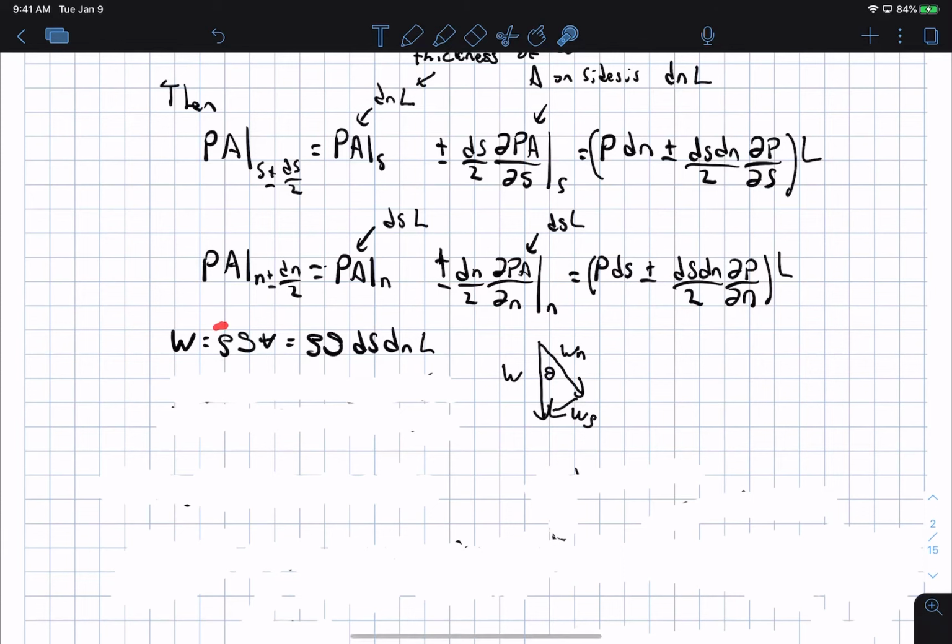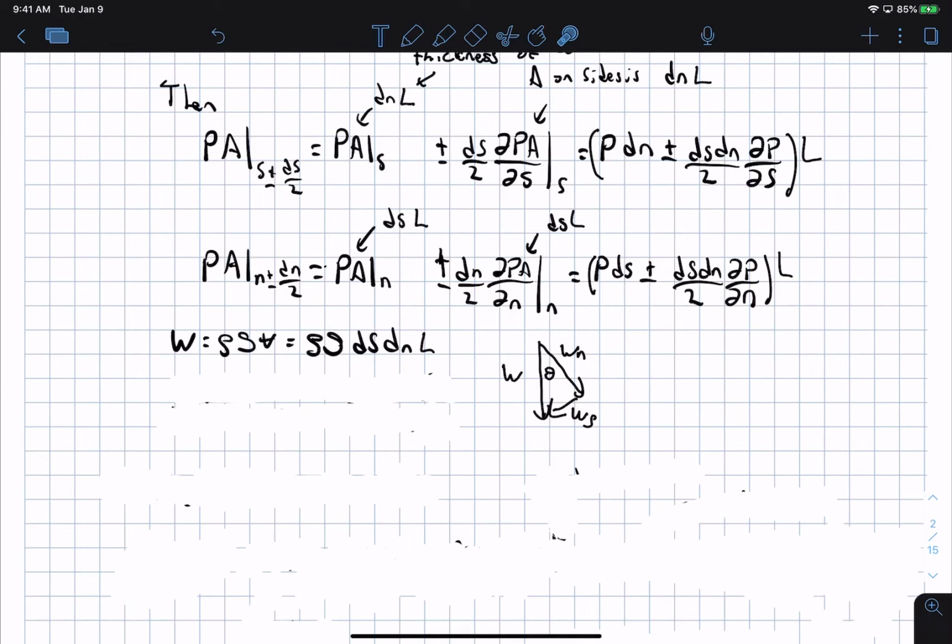We're assuming density is constant, so basically mass is just rho times V. Technically it should be a triple integral to find this, but since rho is constant, it's just rho times volume, and the volume of the element is just ds dn times the length. Okay, so this here is the volume.